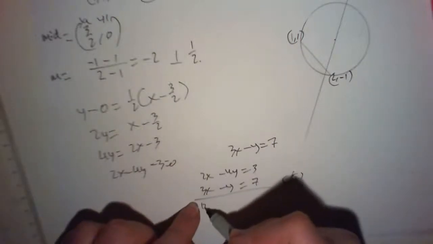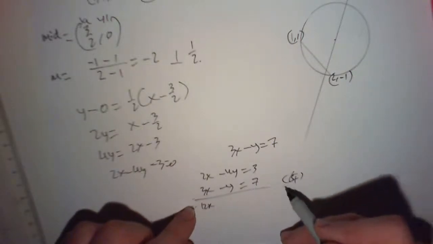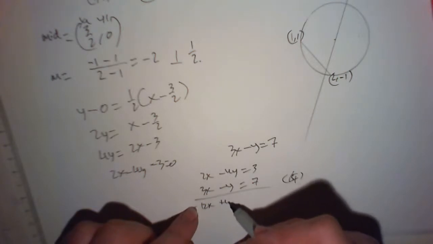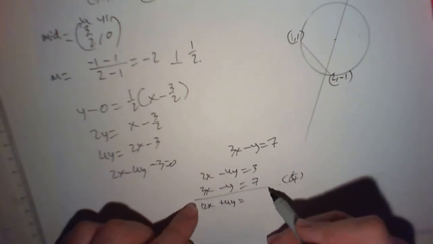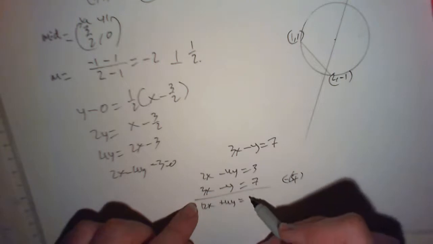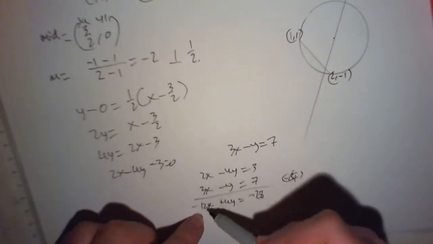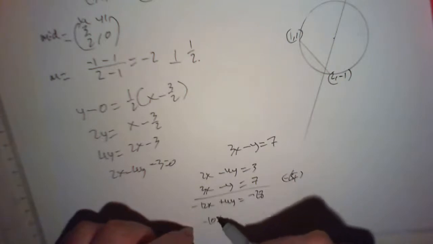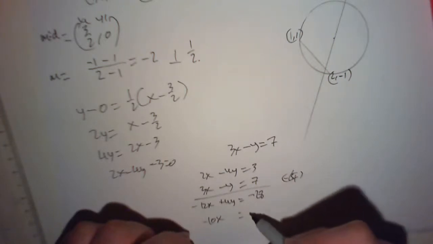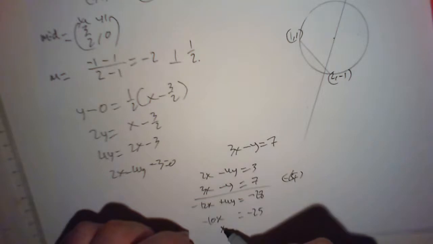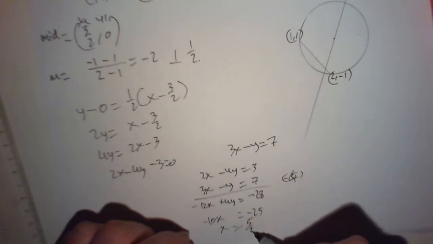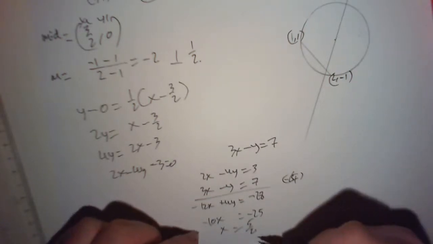Okay, that's going to be 12x minus 12x plus 4y equal to minus 28. Okay, so we're going to have minus 12, that's minus 10x, that's gone, is equal to minus 25. x is equal to 5 over 2.